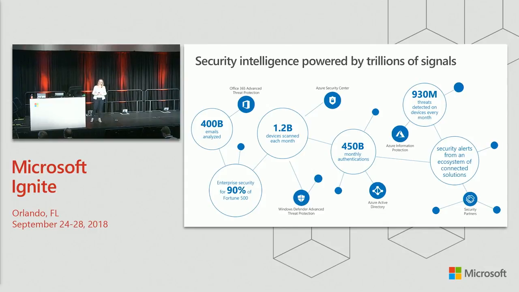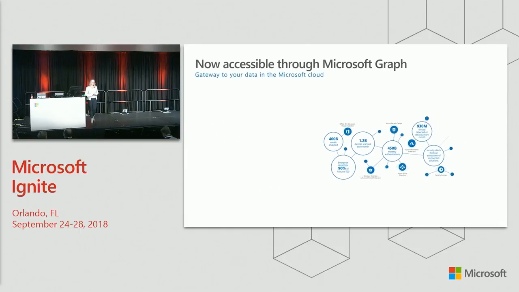But we've also expanded this data set to include insights from an ecosystem of security partners. And the good news is that you can now tap into this data through Microsoft Graph, effectively using the graph as the gateway for connecting your security and your organizational data. So for those of you who are not familiar with Microsoft Graph, it is the API surface for Microsoft 365.